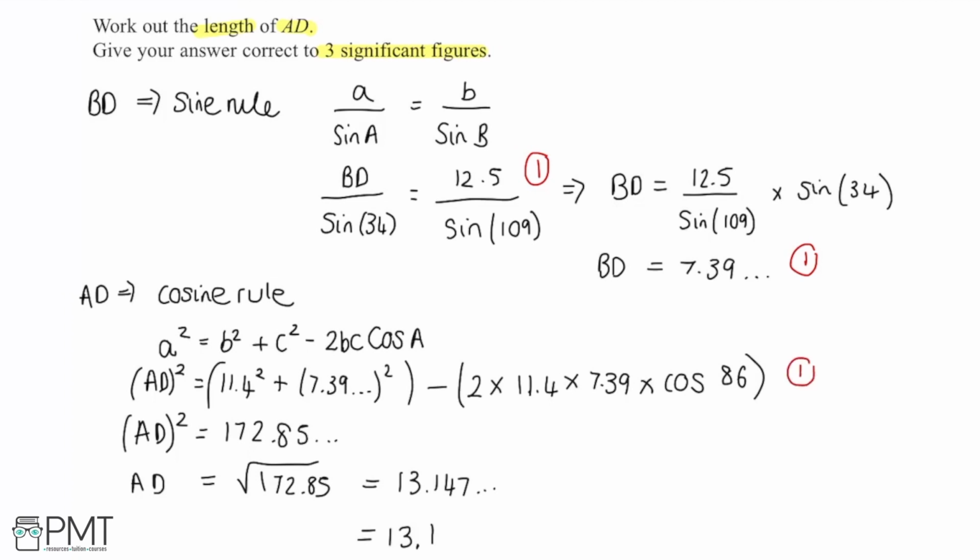And then the fourth mark's for correctly using the correct order of operations to find AD squared, so making sure we've got all of the numbers substituted correctly and using the cosine rule correctly. And then the final mark is for an answer of 13.1 that we have here, which is rounded correct to 3 significant figures.